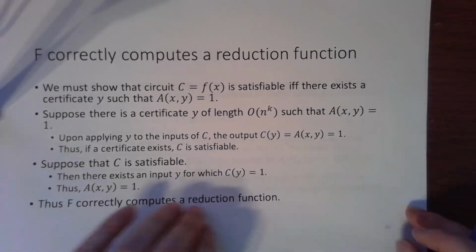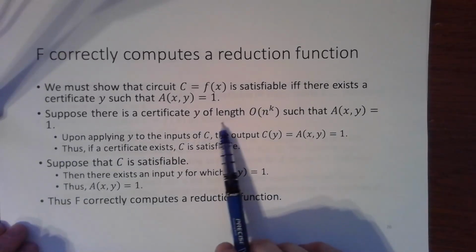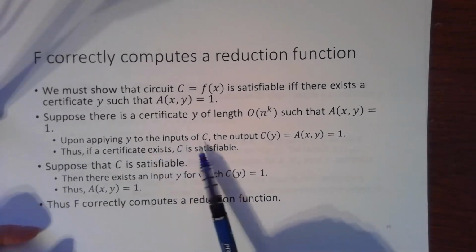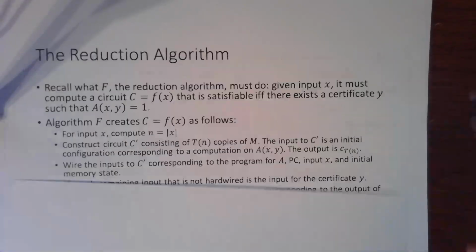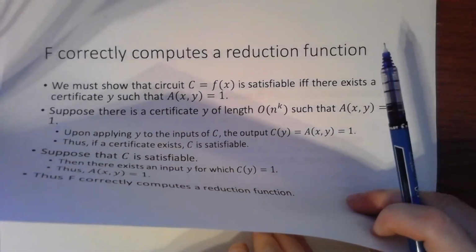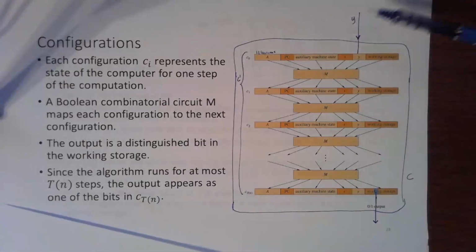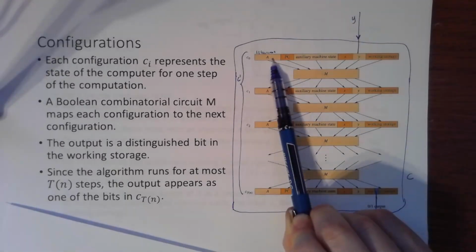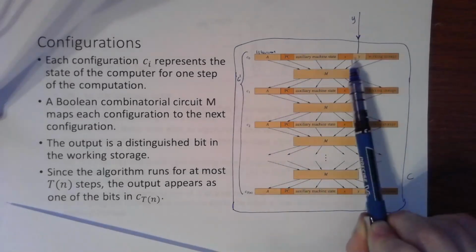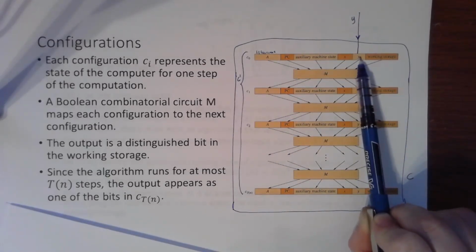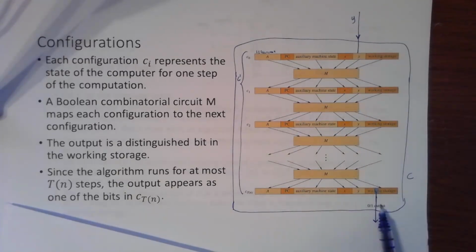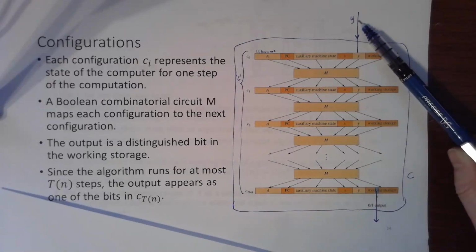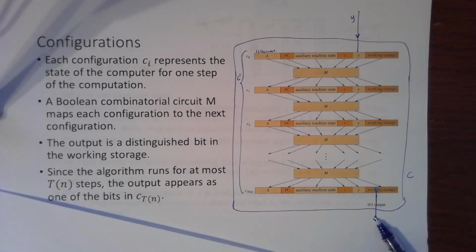So suppose there is a certificate such that the output would be 1. If we apply that certificate as the input to our circuit, we know that algorithm A in polynomial time will, if this is actually a certificate for X, output a 1. So if Y is a certificate, the circuit is satisfiable and it will output a 1.